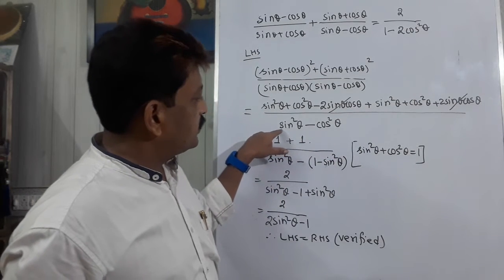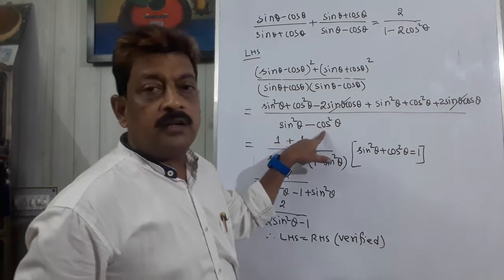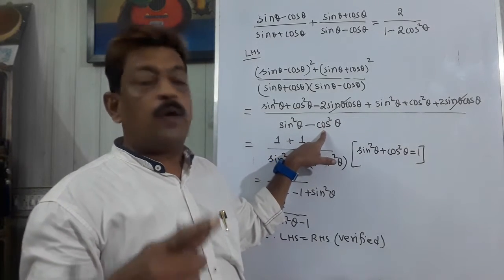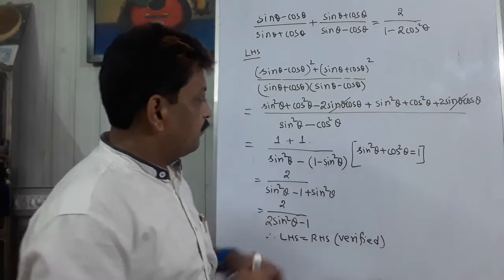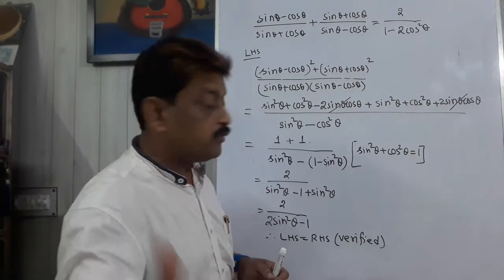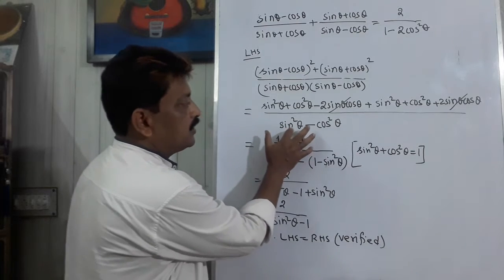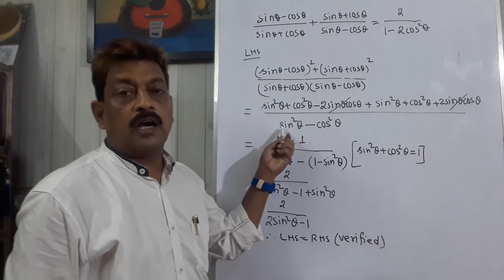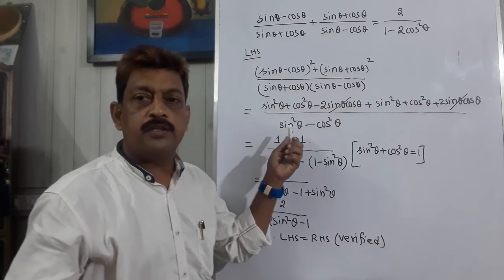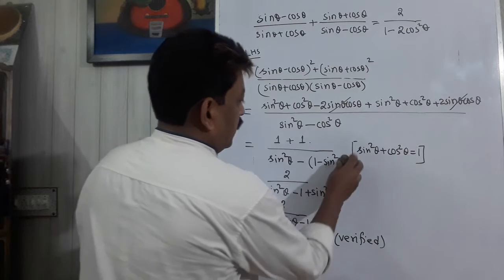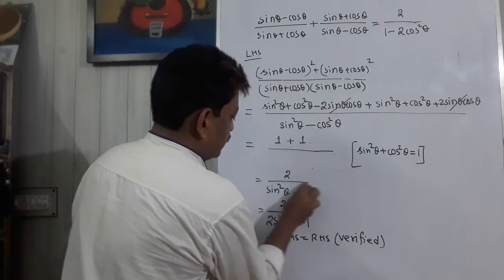In the previous sum, since the right hand side contains only sin square theta, we converted cos square theta into 1 minus sin square theta. But now the right hand side contains only cos square theta, so it is quite clear that sin square theta will be changed. We have to keep cos square theta as it is, only sin square theta we have to change into 1 minus cos square theta. Otherwise the whole thing will remain the same.